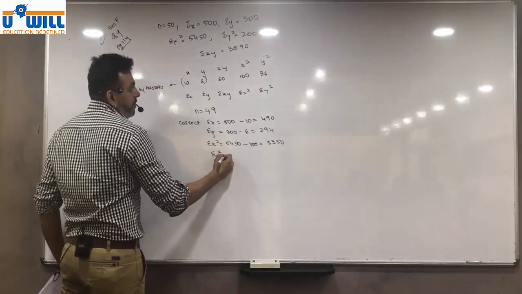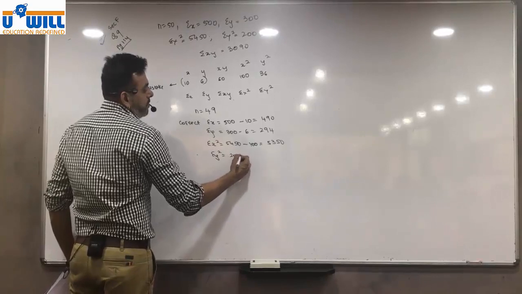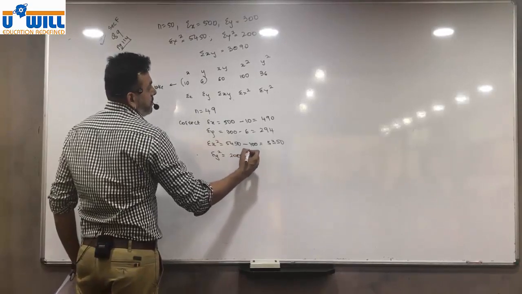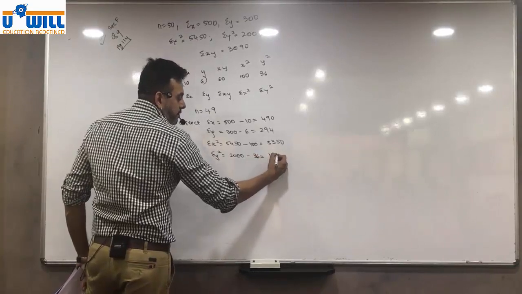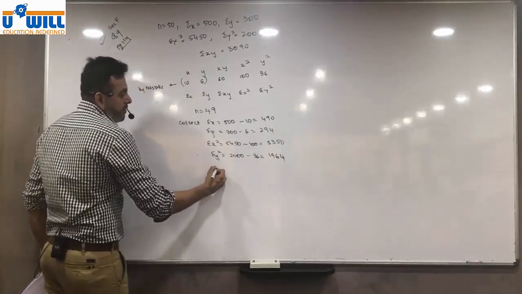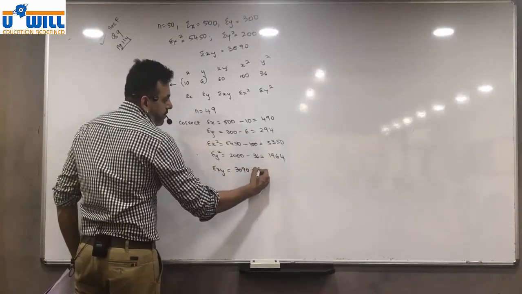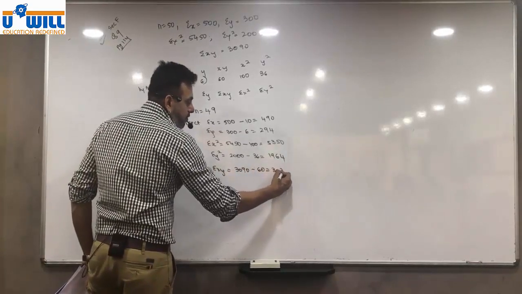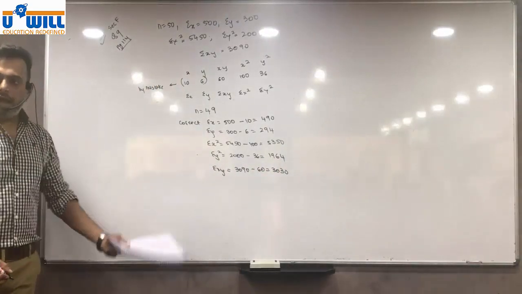Sigma y square is equal to 2000 minus 36, 1964, and sigma xy is equal to 3090 minus 60 is 3030. You got everything? Find out correct R.